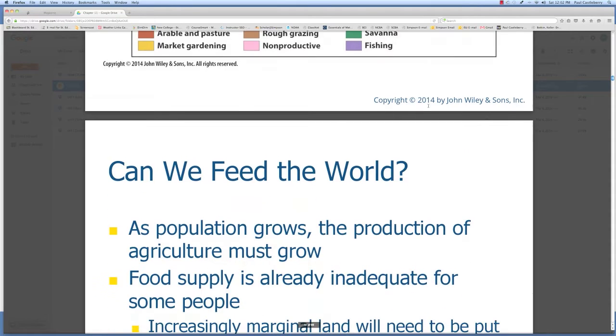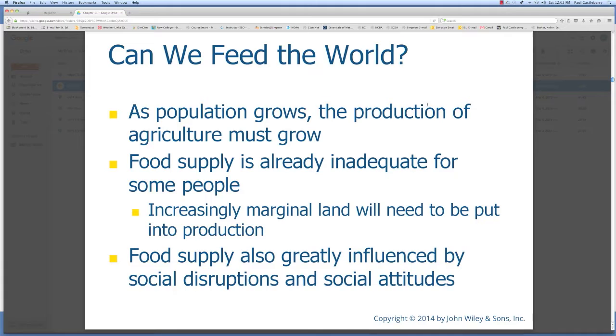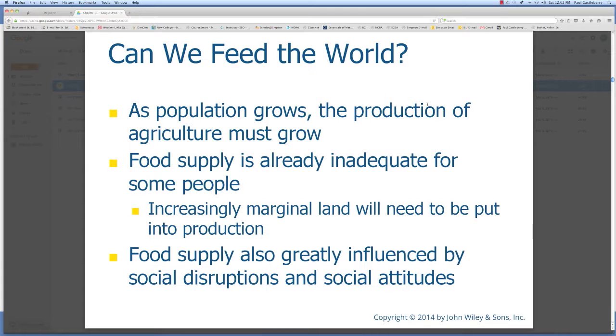Okay, so let's continue in terms of feeding the world. As the population grows, and we see from the chapter on population dynamics that our population is continuing to grow, as recently as November of 2015, the People's Republic of China actually increased their allowable children per family from 1 to 2.